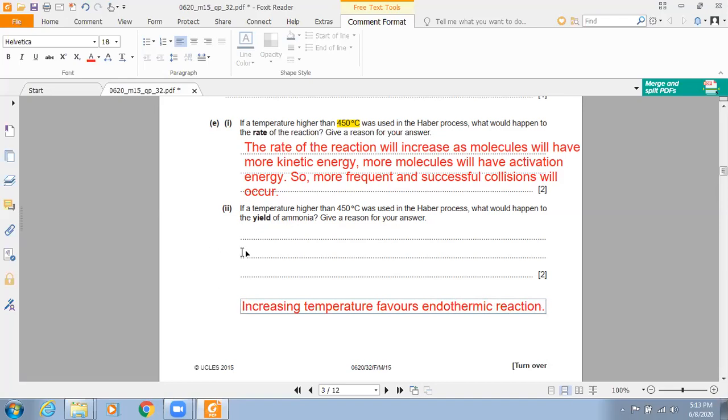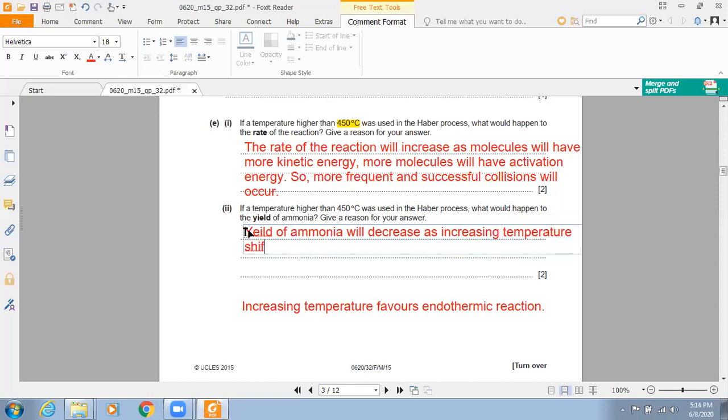So what would happen to the yield of ammonia? We can write that yield of ammonia will decrease as increasing temperature shifts the equilibrium to the left hand side.